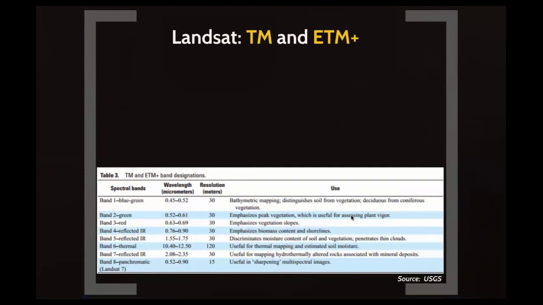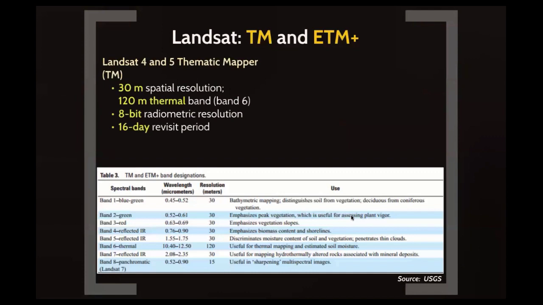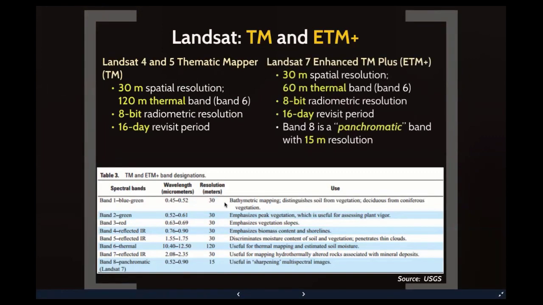The next generation of sensors from Landsat is the TM and ETM Plus. I'm talking about them together not because they're very similar, but only because they're comparable in terms of spatial resolution. Both TM and ETM Plus have 30-meter spatial resolution for most of the optical portion. However, the thermal band has a coarser resolution.